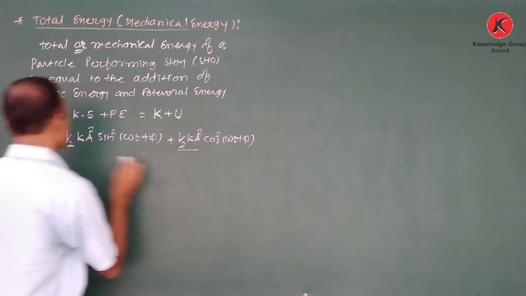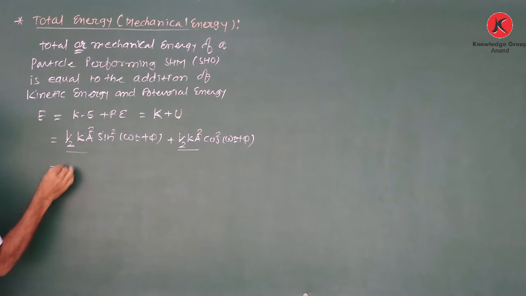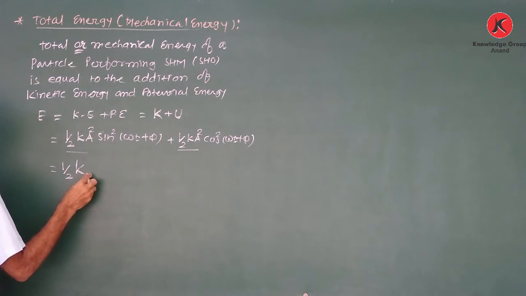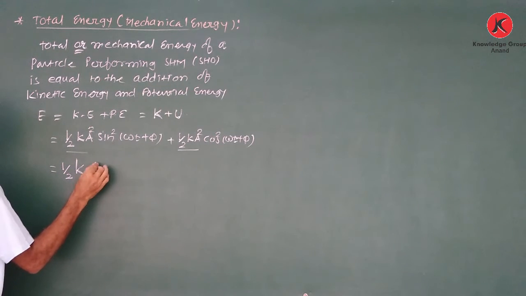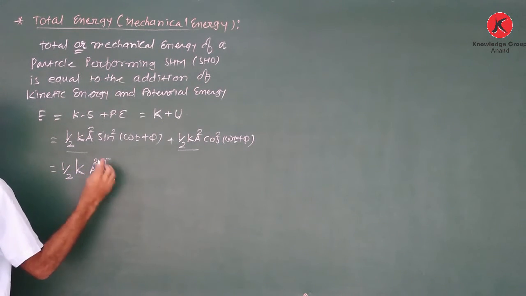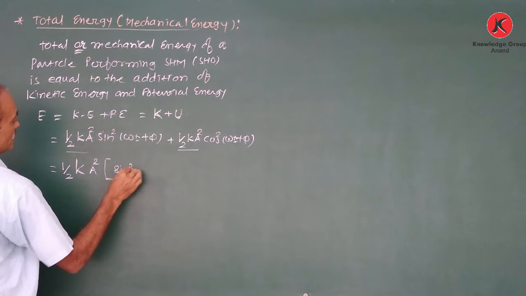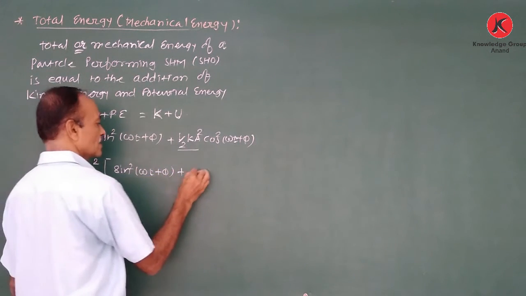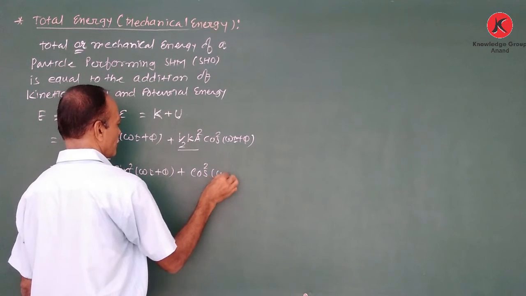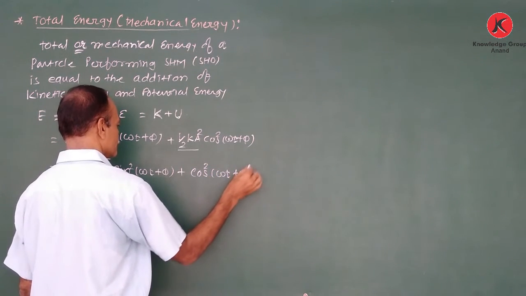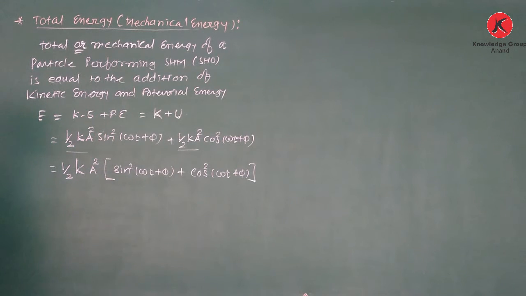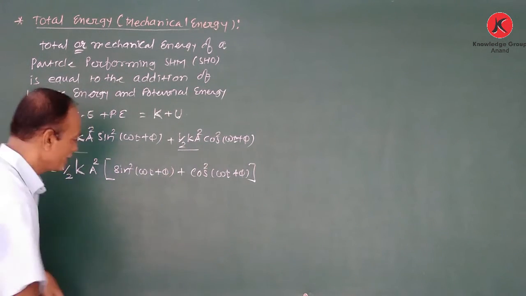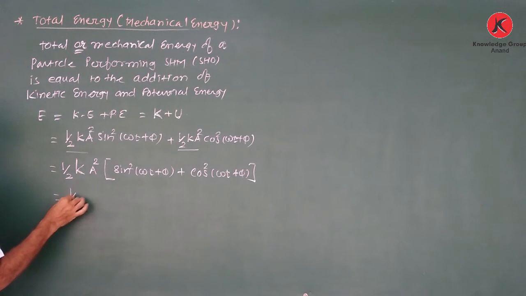From both terms half k a square is common. Therefore, half k a square into bracket sin square omega t plus phi plus cos square omega t plus phi. Now we know that in trigonometry sin square theta plus cos square theta is equal to 1. Therefore, only half k a square remains.